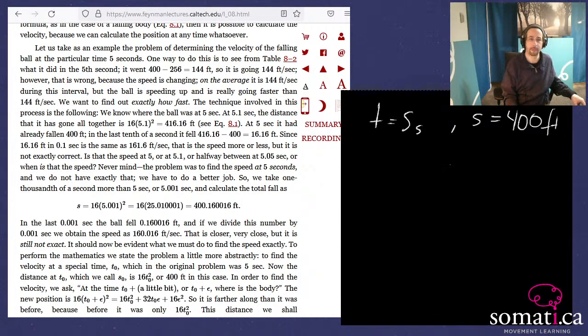All right. So this is the technique. At 5.1 seconds, the distance is gone altogether because we know the formula for its movement.